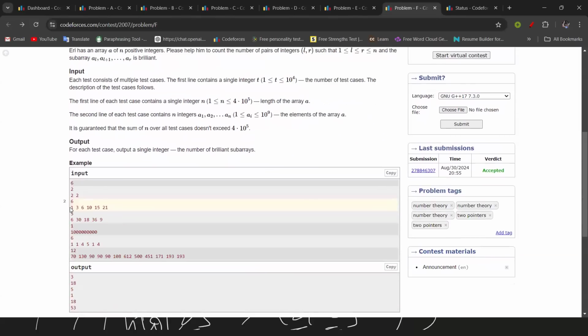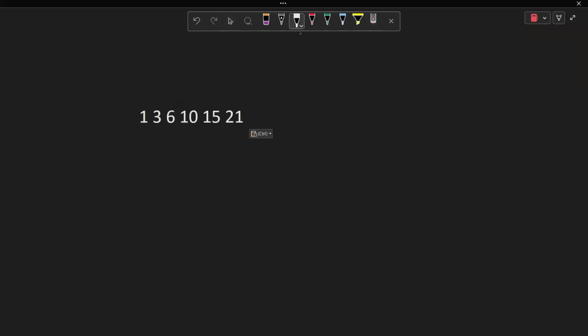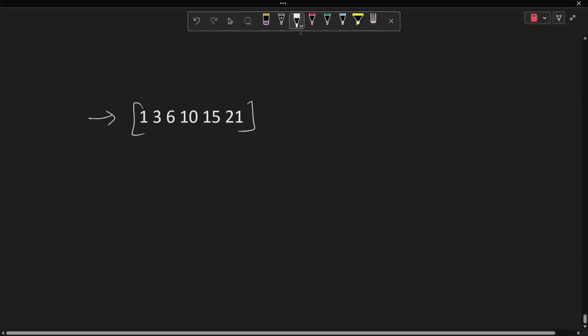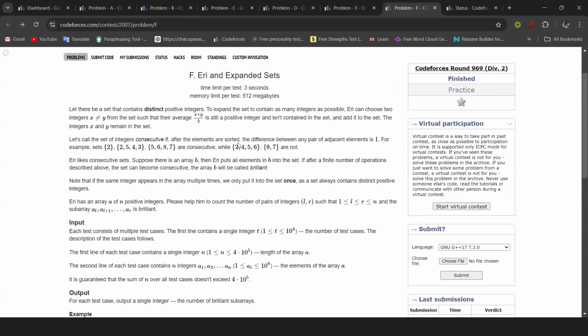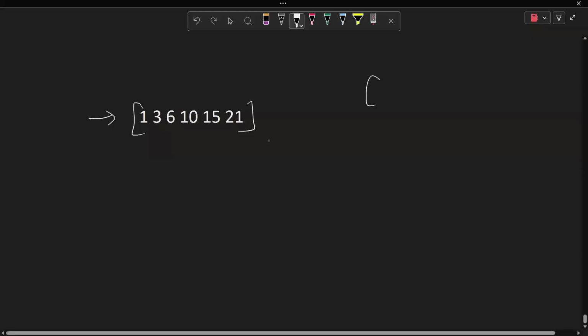You are given an array basically, and there is some definition of something called a brilliant array. What does that mean? An array is called brilliant, let's say there is 3, 6, 10.